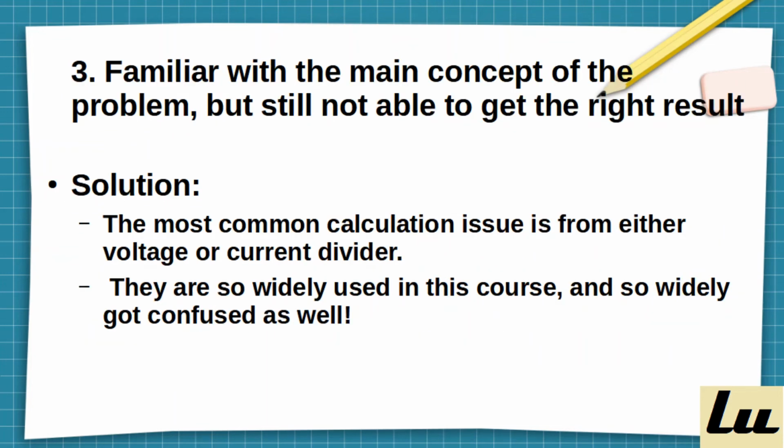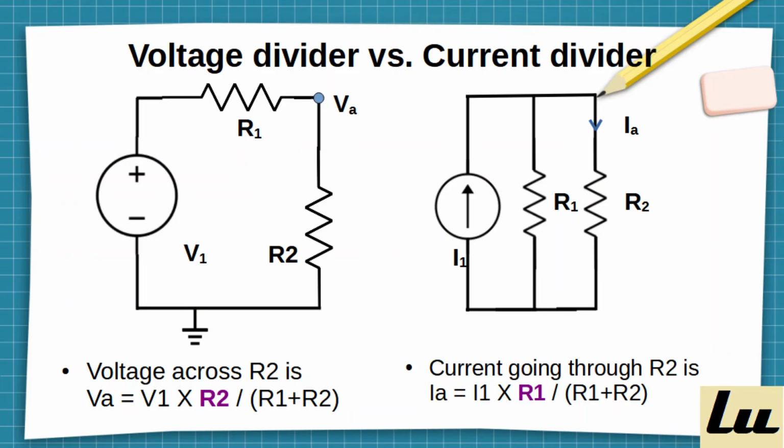3. Familiar with the main concept of the problem, but still not able to get the right result. Solution to this would be: the most common calculation issue is from either voltage or current divider. They are so widely used in this course, and so widely get confused as well. Voltage divider versus current divider.